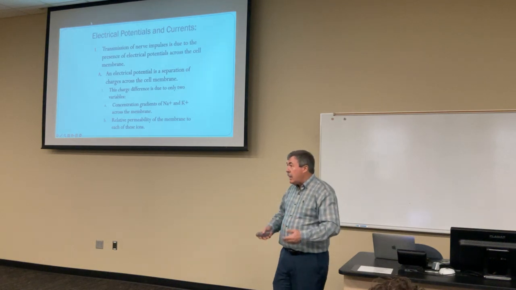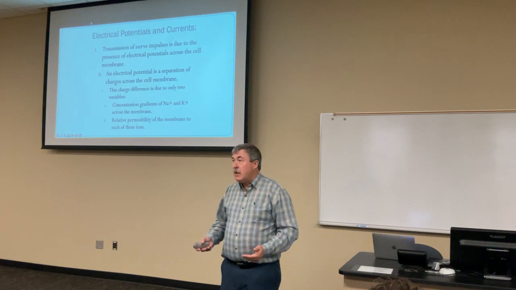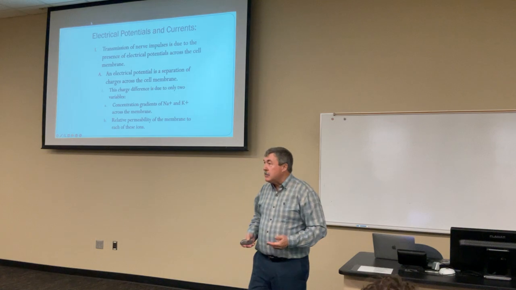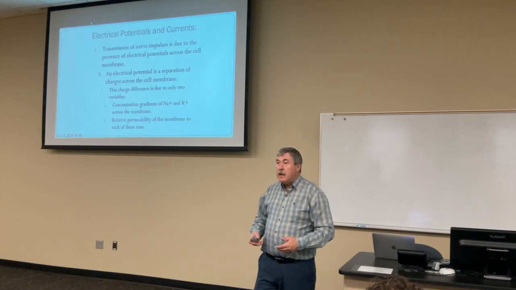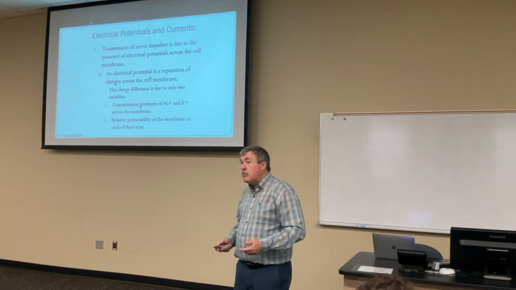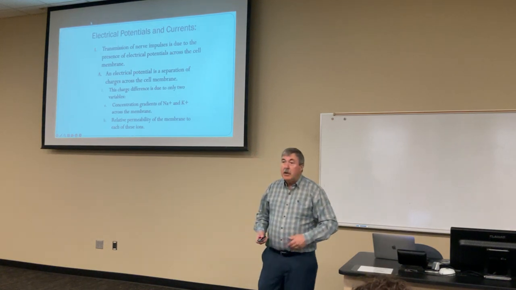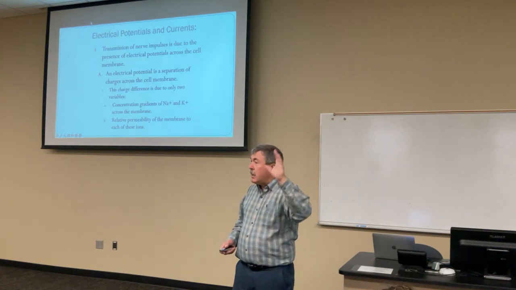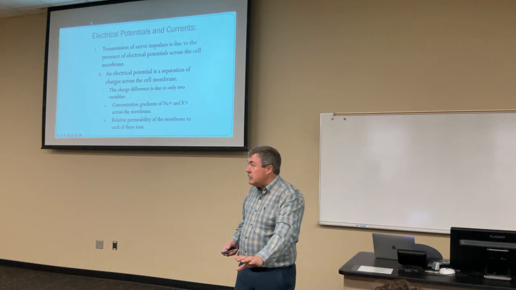There are sodium-potassium pumps in the cell membrane of all cells, including neurons. And they're constantly pumping sodium out and potassium in. Okay. And it's because of those sodium-potassium pumps that there's a concentration gradient of sodium and potassium across the membrane, where sodium is higher on the outside of the cell, on the outside of the membrane, and potassium is higher on the inside.